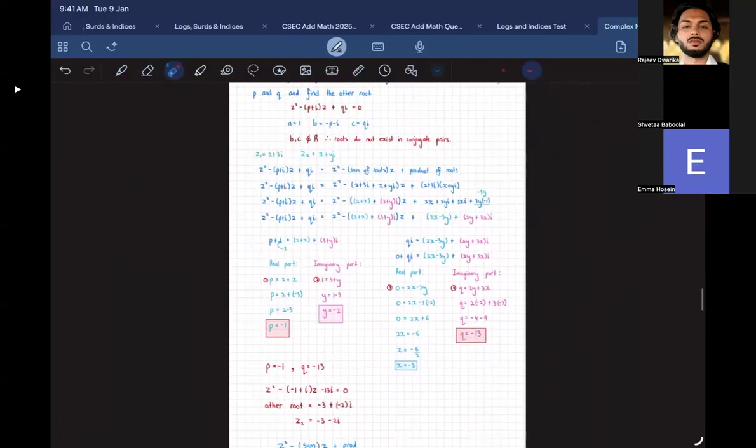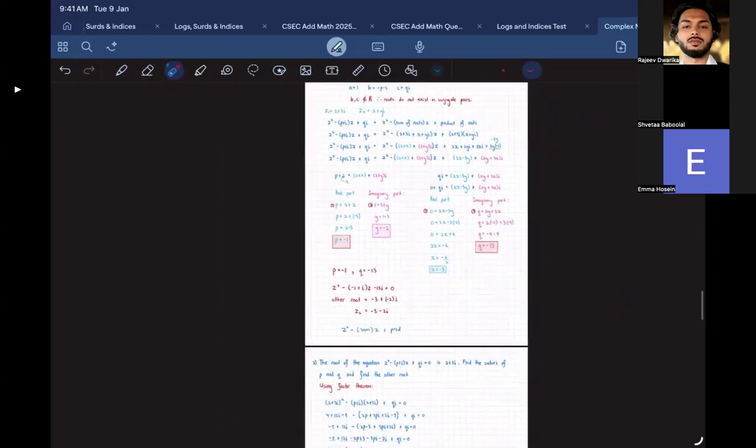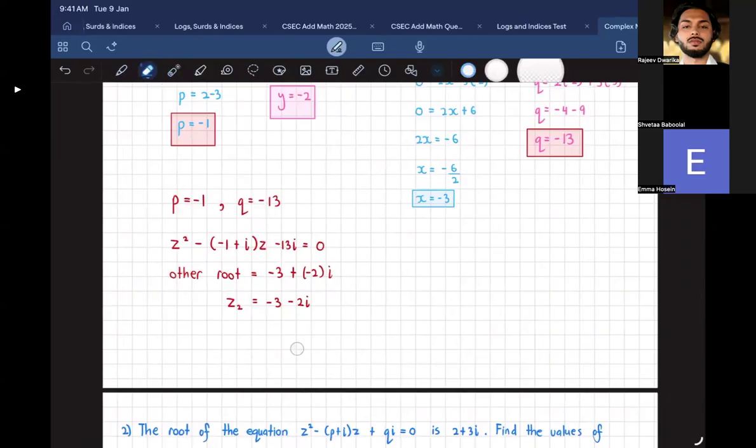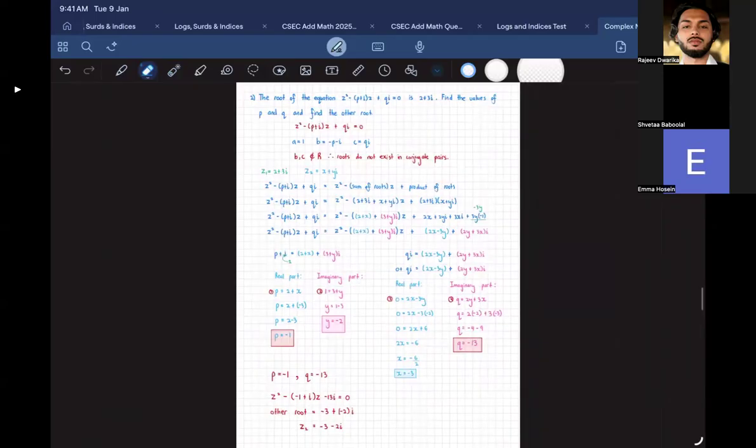Let me take a picture of this to scare the Form 4 and Form 5 students. You could take a picture of the class with that zoom in and tag me on your story or something. I'm trying to make the notes aesthetic, even though it's white. You know, we prefer the black.